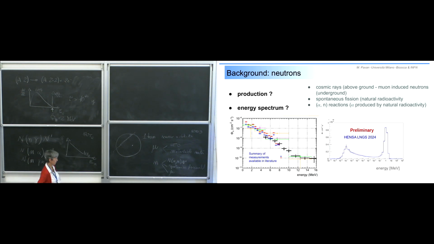For example, what we have done for tellurium 130 is that at the beginning we relied on the cross section from a historical paper. The authors are Silberberg and Tsao. But there was a mistake in there. And so the production, we were very worried because there was a high production.